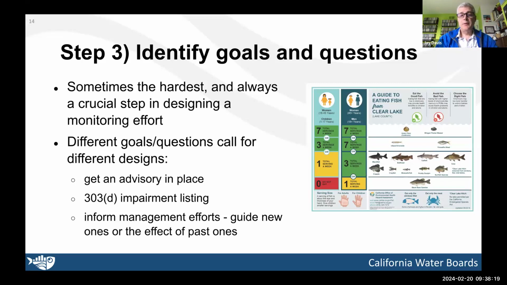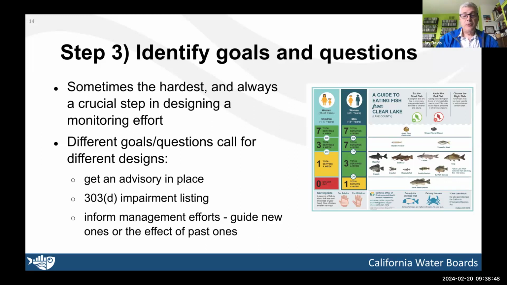So you need to figure out the management side of things in order to design a good monitoring program, which is hard to do. So it's sometimes very difficult, but it's always a crucial step in designing a monitoring effort and setting yourself up for success, because success will be defined by whether you answer the questions that you set out to answer.